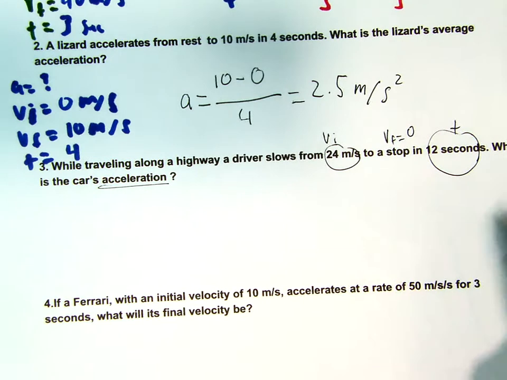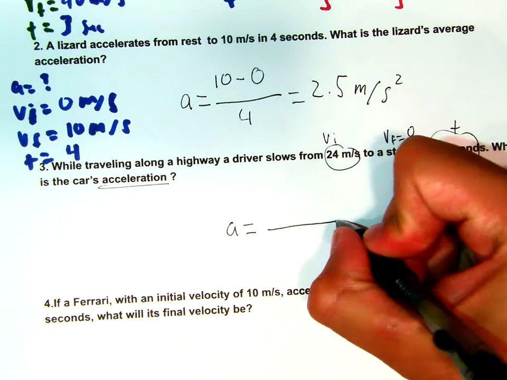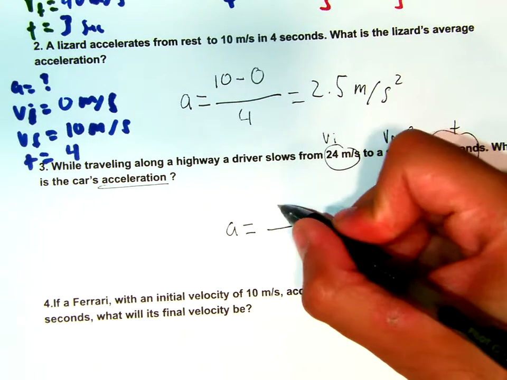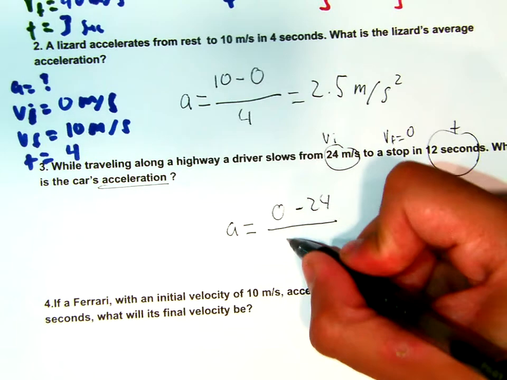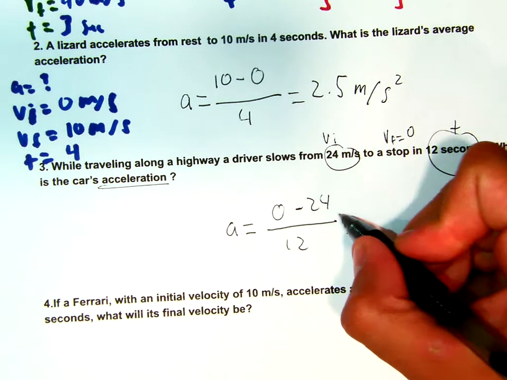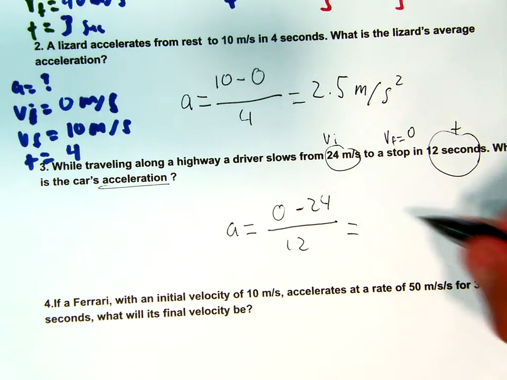Well, I already have everything I need here. So acceleration equals final, which is 0, take away 24, divided by 12. 0 take away 24, that's not 24 because we're taking it away, so it's negative.